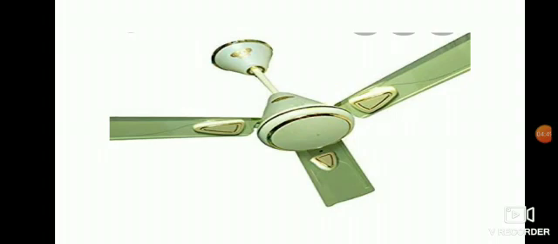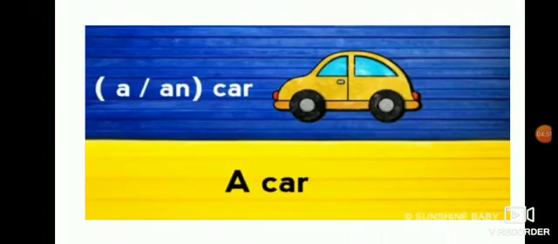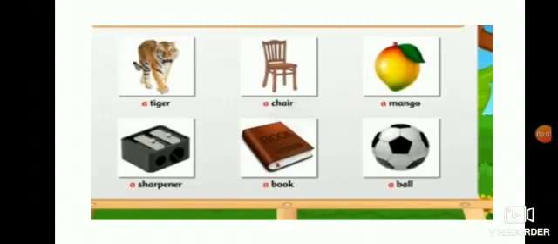A fan. A car, because it starts with a consonant. A tiger, a chair, a mango, a sharpener, a book, a bowl. It is singular in number. Before consonant you have to use a.